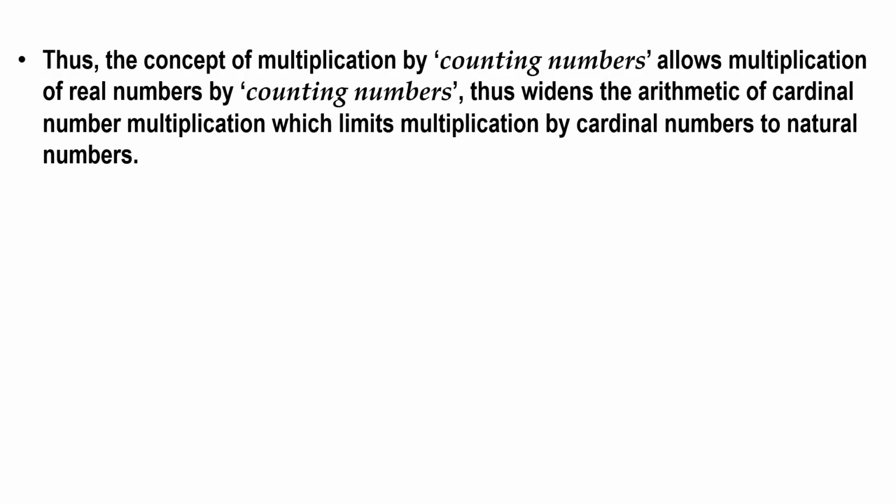Thus, the concept of multiplication by counting numbers allows multiplication of real numbers by counting numbers, and thus widens the arithmetic of cardinal number multiplication, which limits multiplication by cardinal numbers to natural numbers.